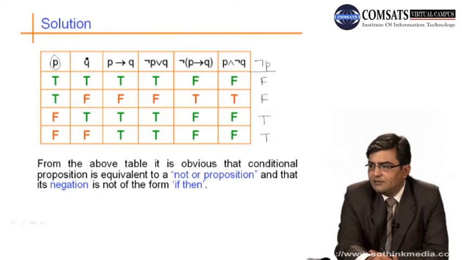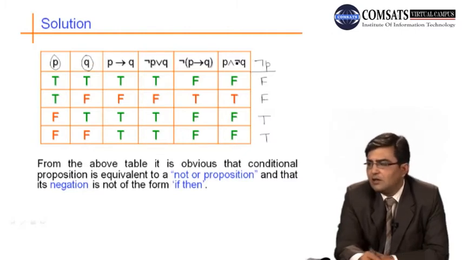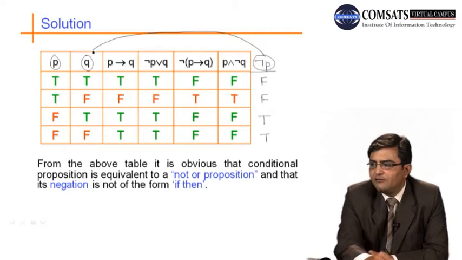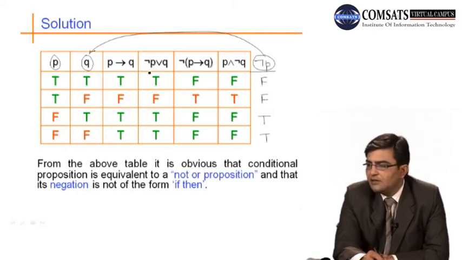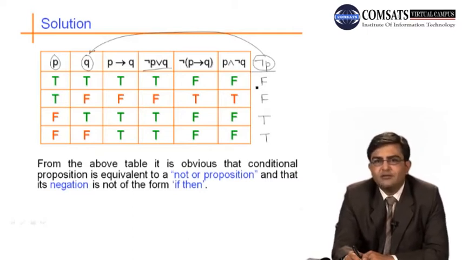Now we take not P or Q. We need two columns, Q and this not P. So we take the disjunction of not P and Q. We know that the disjunction of two propositions is true if at least one of the two propositions is true.